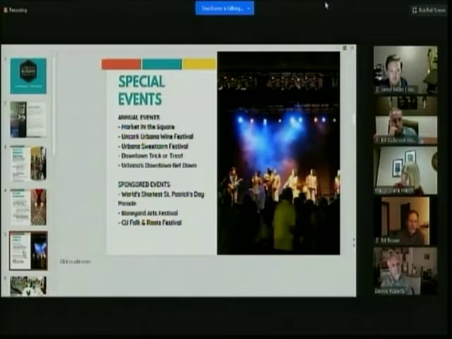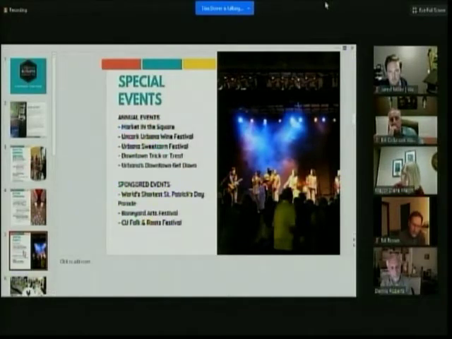Next, we have the events that we already are responsible for. Right now, we are responsible for the fall closed session that is held inside Lincoln Square Mall for Market in the Square. We partner with the Park District for Uncork Urbana Wine Festival.